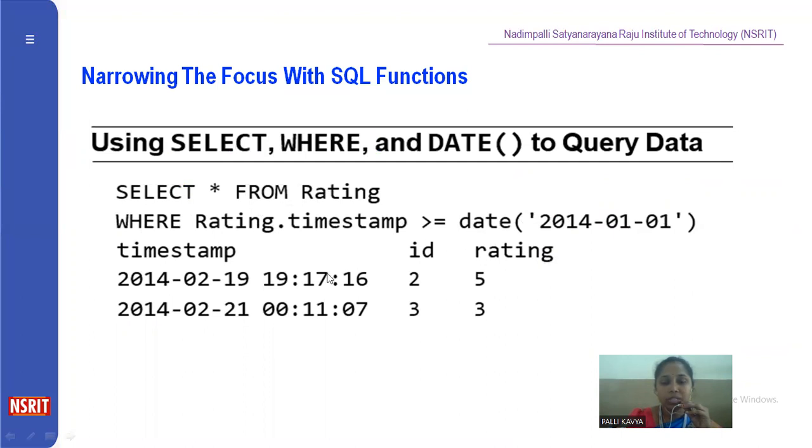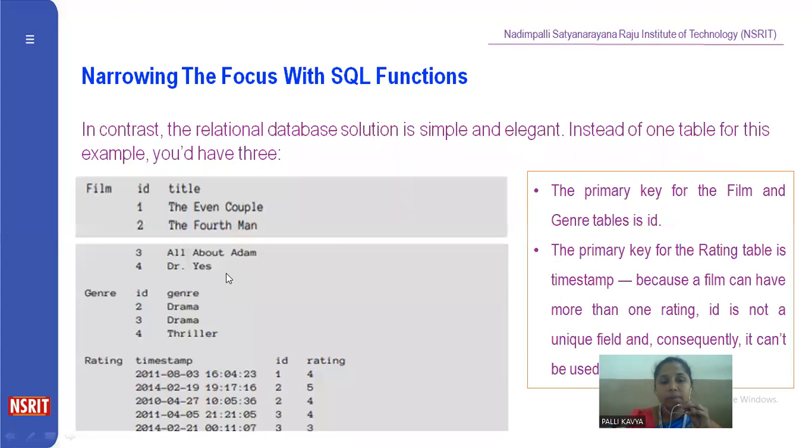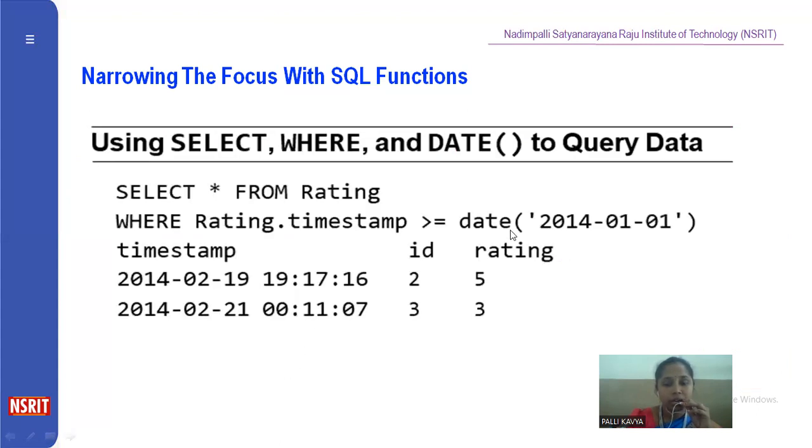Only rows greater than this date are returned from the rating table. There are five rows, and only two satisfy this condition. So we are using the select function, the where function, and the date function.